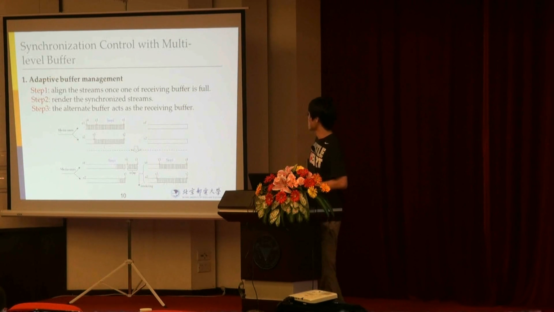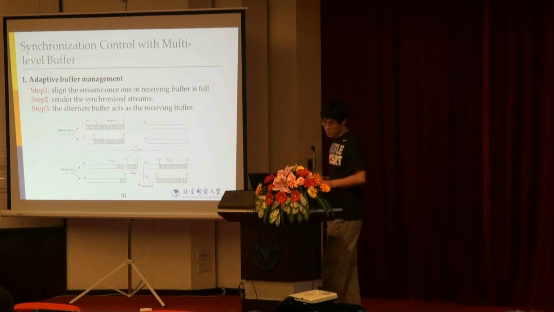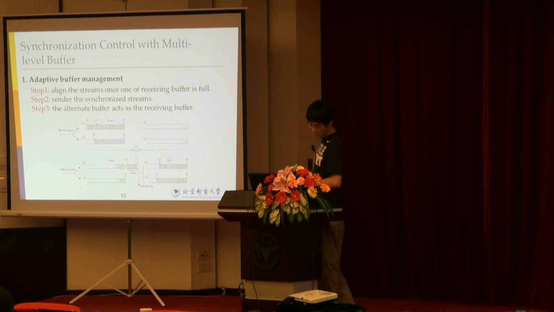In step 2, we render the synchronized stream to the further network processing. For step 3, the remaining media units in the receiving buffers are cached in temporal space and attached to the alternate buffers. And the alternate buffer acts as the receiving buffer and holds the next coming packets.